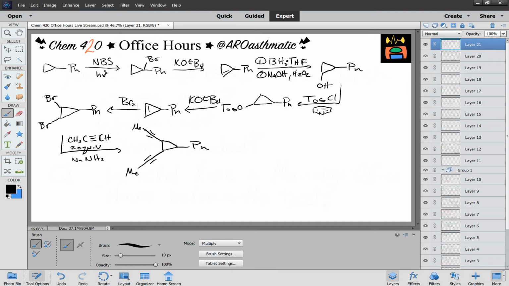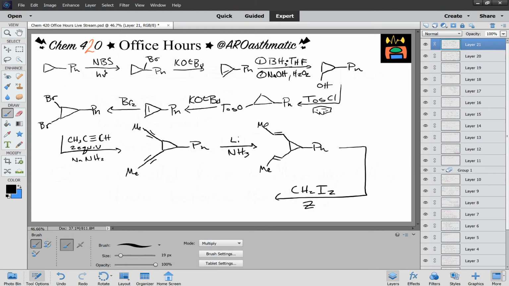All right, now we'll do our partial reduction with lithium and ammonia. That will give us our 2 trans alkenes. And then finally, we do a Simmons-Smith, which is CH2I2 and zinc.